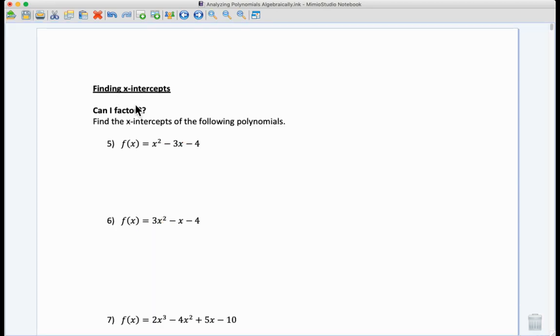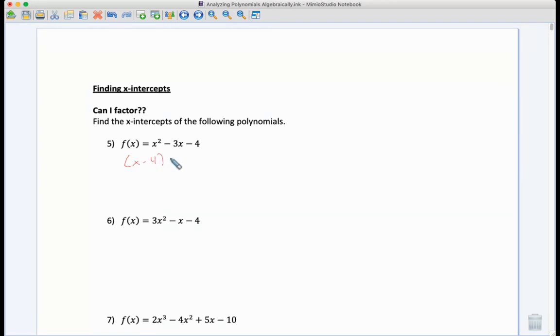So next up, we want to find x-intercepts. In order to do that, I'll encourage you to start off by trying to factor from the very beginning. It'll make things very easy for you when it comes time to find your x-intercepts. For the first one, number 5, hopefully that one isn't too difficult. We've got x squared minus 3x minus 4. I'm looking for two numbers that when added together give me negative 3, but when multiplied together give me negative 4.